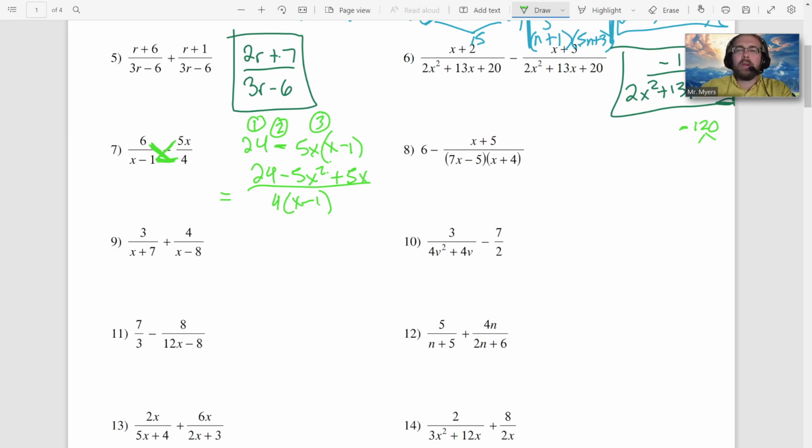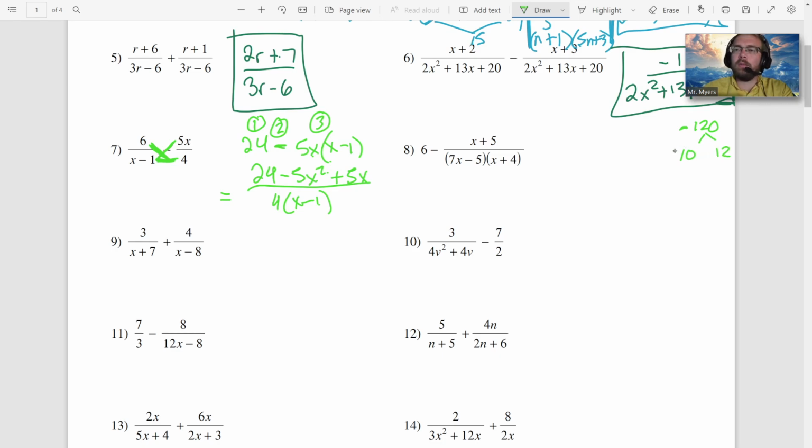So A, on the top part of number 7, A is negative 5, B is 5, and C is 24. You multiply A and C, and then you need factors of AC, negative 120, that are going to subtract in this case to give us 5. So the closest two numbers are 10 and 12.